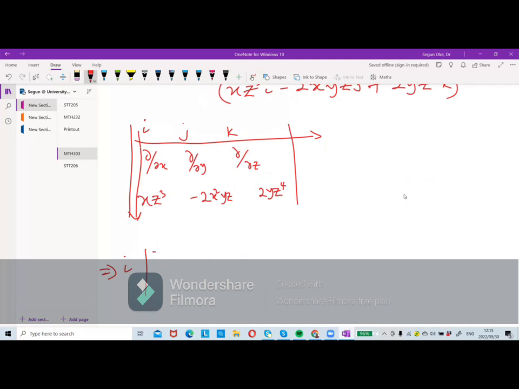So you remain what? d/dy, minus 2x^2 yz, d/dz, 2yz^4. Minus j. Don't forget, this one has plus, minus, plus, right? Yes, sir.